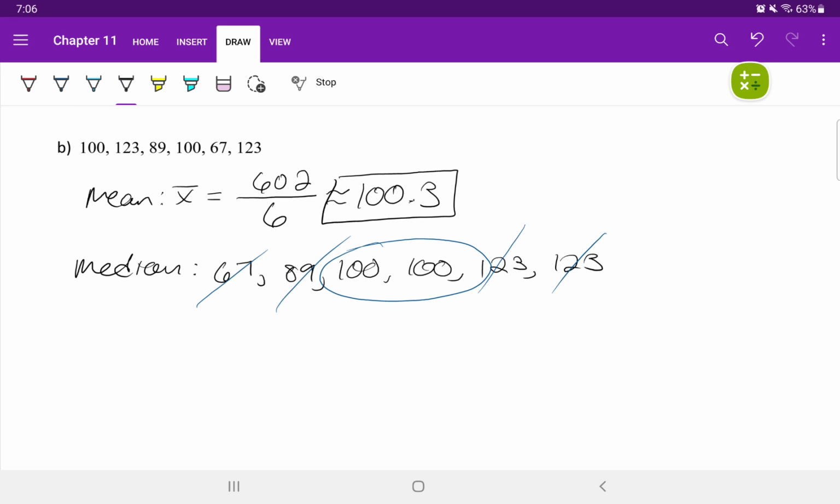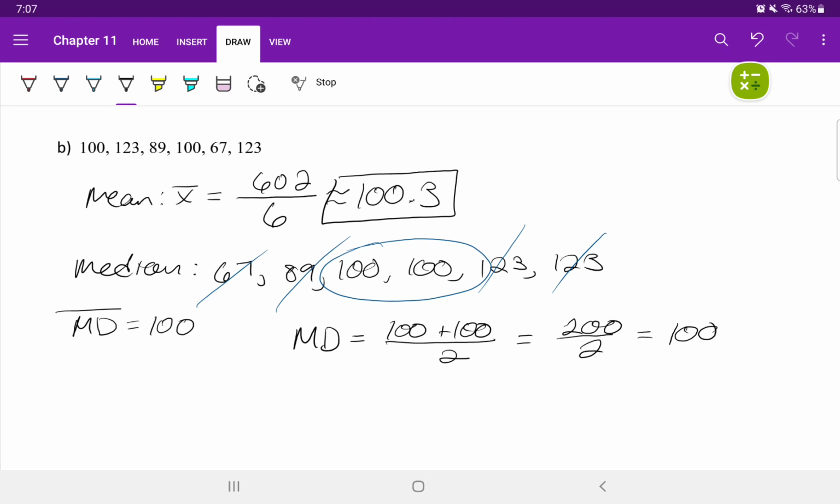When there are two middle values, to find the median, I add those middle values, which is 100 plus 100. No matter what they are, you must add those two middle values and then divide by 2. 100 plus 100 is 200. 200 divided by 2 is 100. The median is 100. Now, we already know that because they're both the same value, so of course it's going to be 100. However, you still must find the median, the middle number, if there are two numbers in the center of the data set.